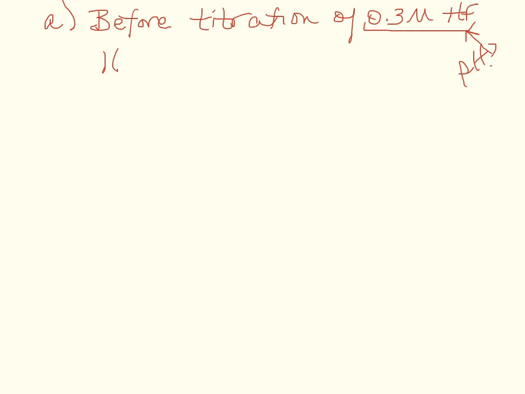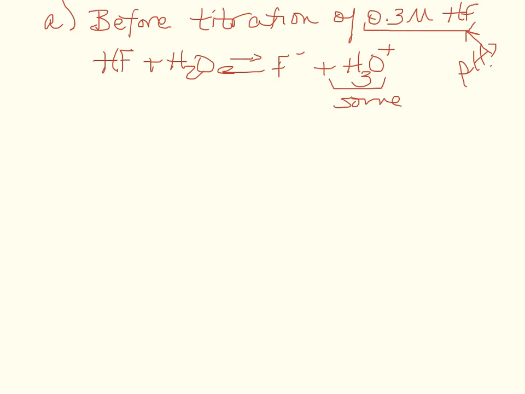So in any weak acid, we have an equilibrium if it's an aqueous solution, and the equilibrium is with its conjugate base. So we have some amount of hydrogen ion, but we also have some conjugate base and some intact acid.